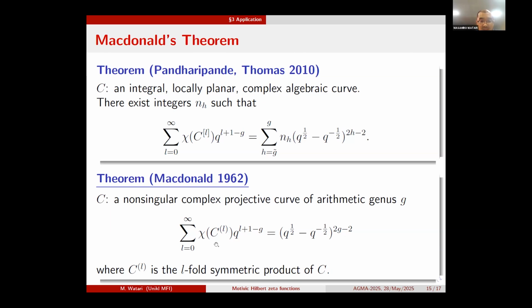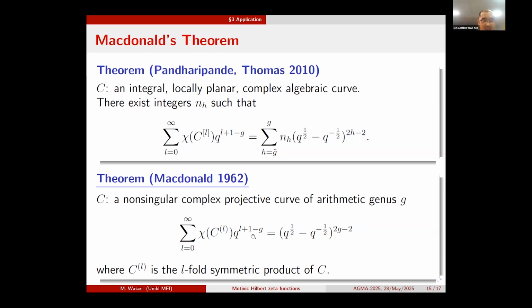Here, the left-hand side is the Euler number, but of the symmetric product of C, not the punctual Hilbert scheme. But in the case where C is non-singular, the symmetric product of C is the same as the punctual Hilbert scheme of C. Okay, this is a very well-known classical result.